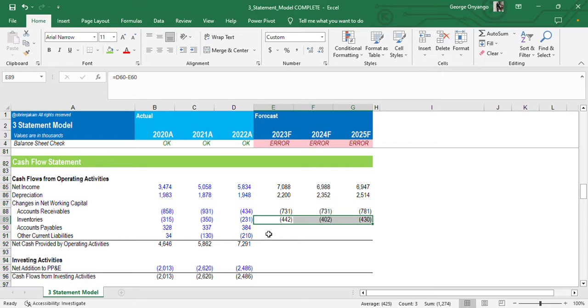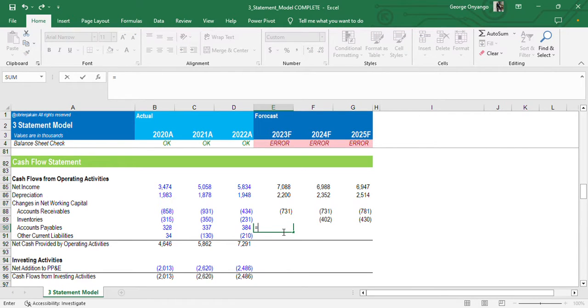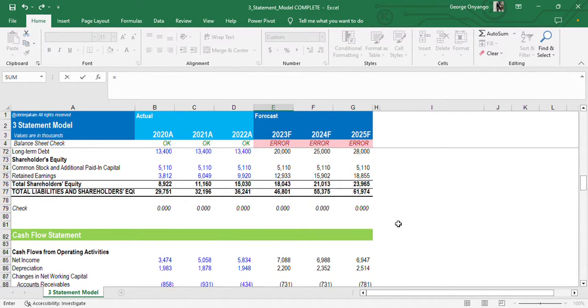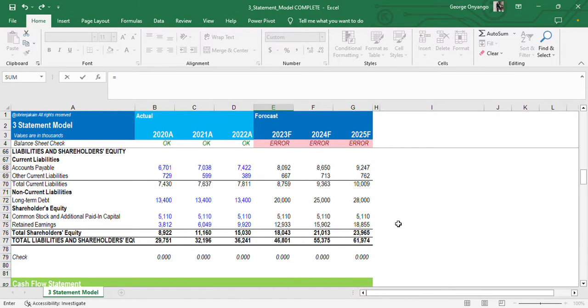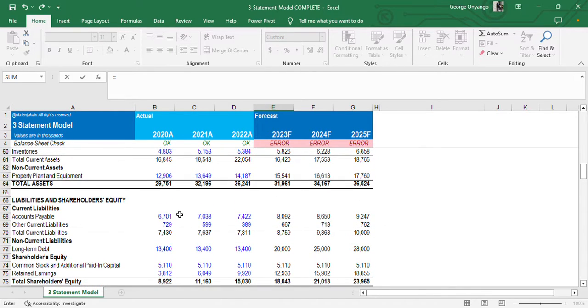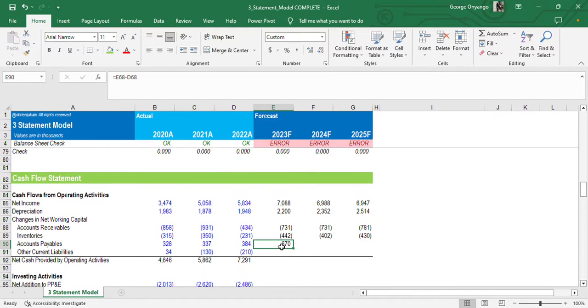We also have the account payables. We know that when the account payable increases, that means that it did not take any money or any cash from the business. So the account payable, we are going to get that minus that to get positive.